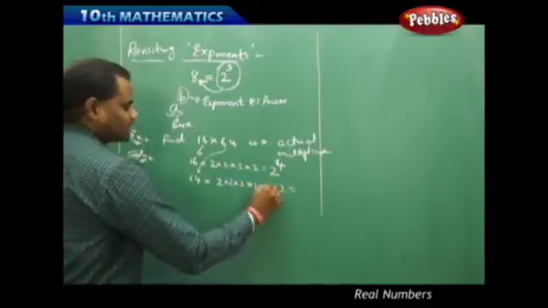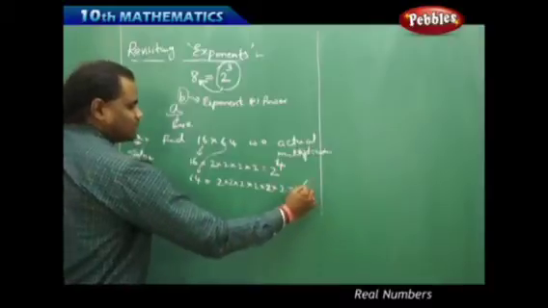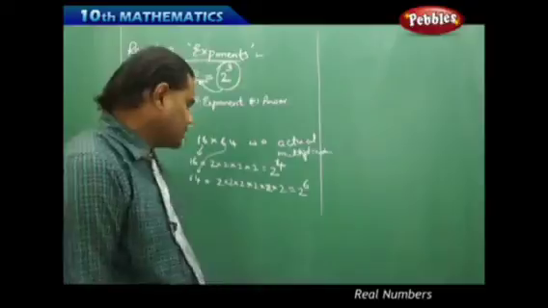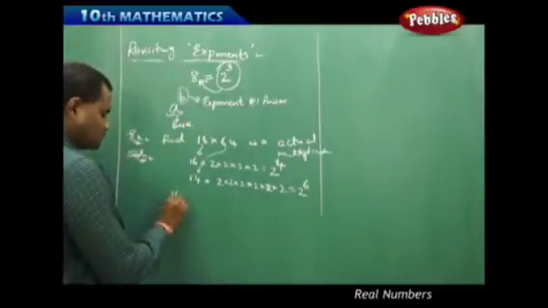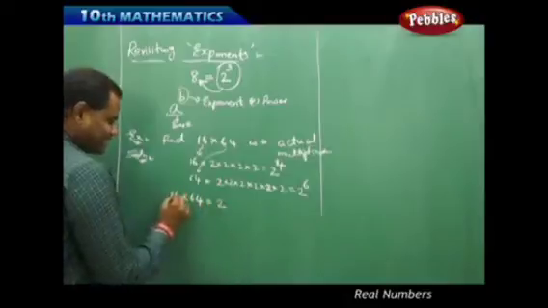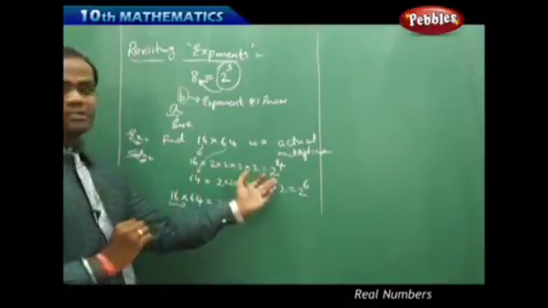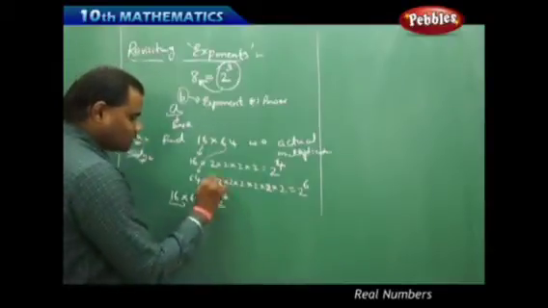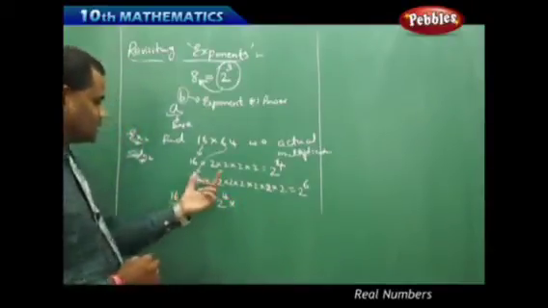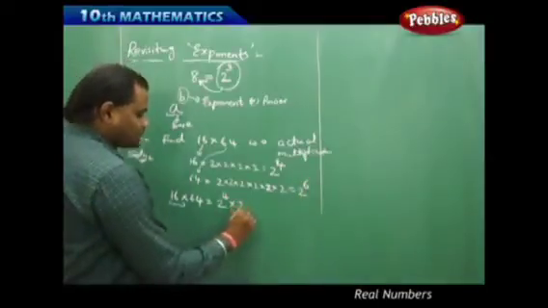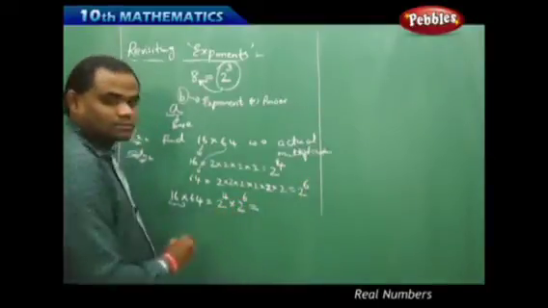I can write this 6 times so that I get this as 2 power 6. So 16 in its exponent form is 2 power 4, and 64 in its exponent form is 2 raised to 6.